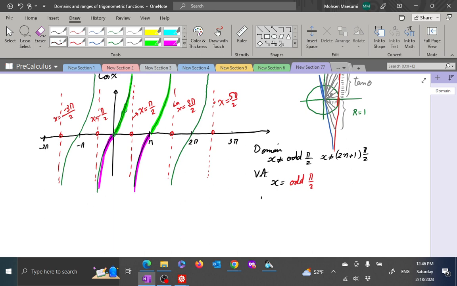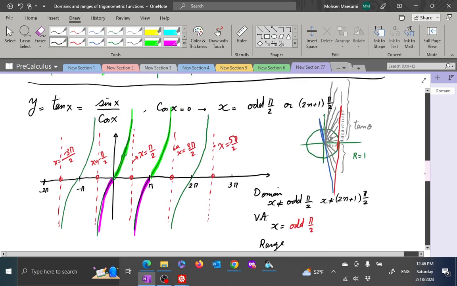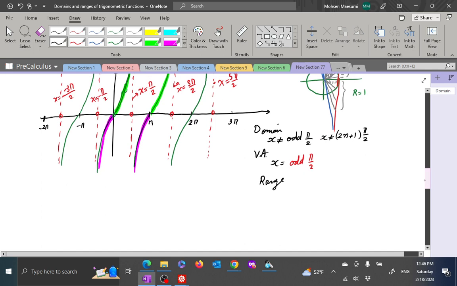Well, how about the range? What's the range of this thing? There's nothing missing here. If you take this thing and squish it onto the y-axis, the entire y-axis is covered, and that becomes from minus infinity to infinity. Everything is covered. What is significant, and we are going to come back to this later, right now I'm just skipping this to keep it short: the period is pi.